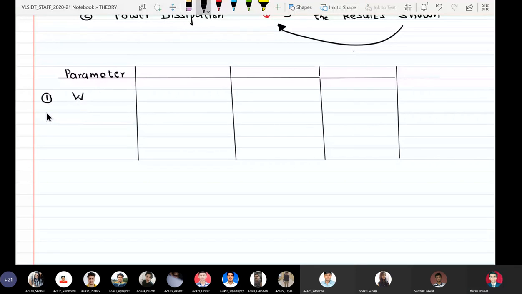Width, length, oxide thickness. Last, we have VDD. Then we have substrate doping concentration Na.